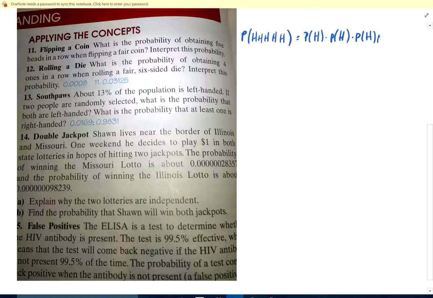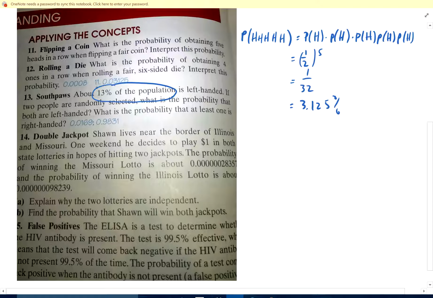Heads 5 times, which is 1/2 times 1/2 times 1/2, or 1/2 to the 5th power, which is 1 over 32, which would be, percent-wise, 3.125%.